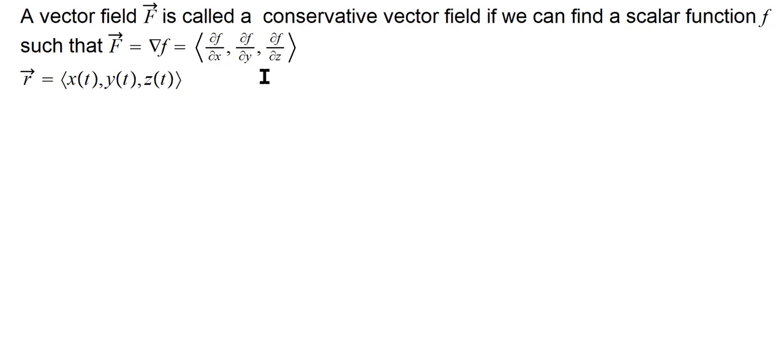So now in the conservative vector field, suppose that we are given a smooth path, and we would like to compute the line integral of such an F along this smooth path from a point A to a point B in this vector field.